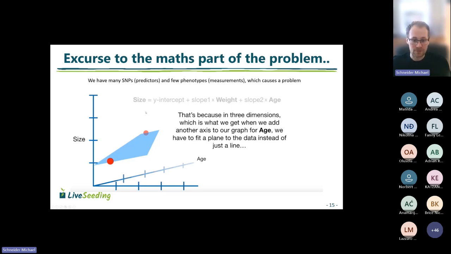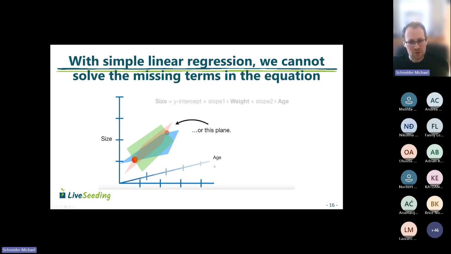But when we now have another predictor value with age and weight, we are in a three-dimensional space, and the line we previously had now becomes a plane. And now we have a serious issue, because we don't know the orientation of this plane.